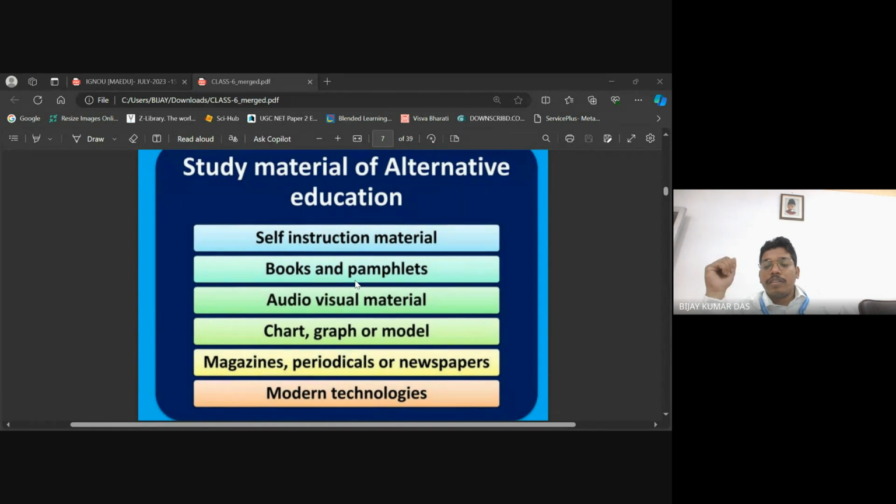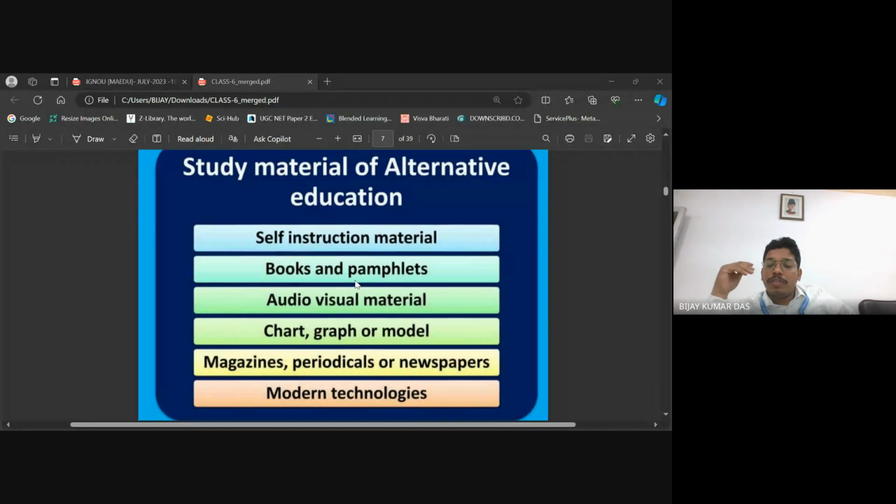Magazines in your library, you are following magazines, periodicals, or newspapers, you are getting a larger amount of information and ideas from these sources. Modern technology, you are getting so many technologies through this, isn't it?